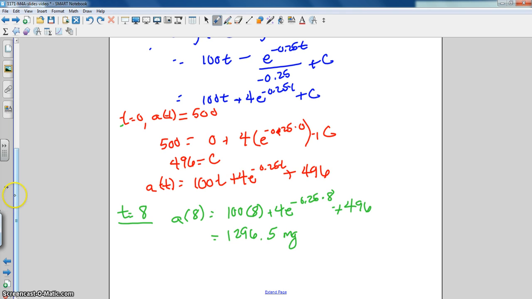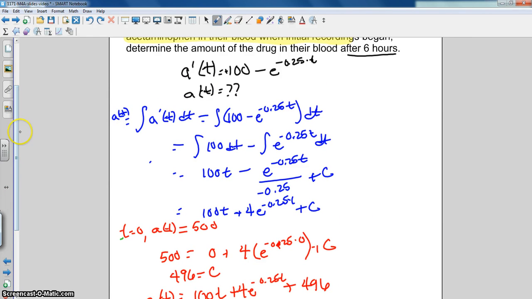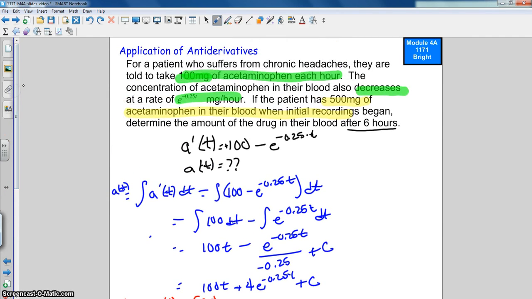Alright, so kind of a quick use of antiderivatives, and in this video we studied the properties and how to break them up and introduced integral notation too. Okay.